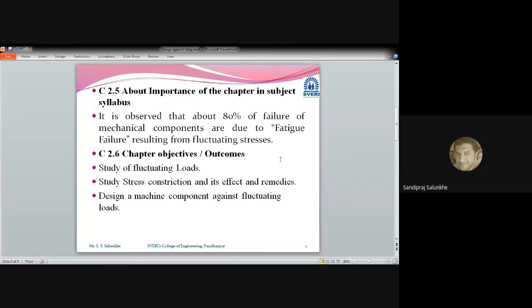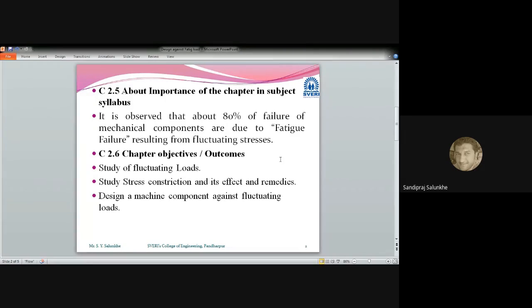If the ultimate tensile stress of a component is 100 megapascal, and you consider a design tensile stress of 50 megapascal by taking a factor of safety of 2, then the failure occurring under dynamic condition may be at 10 megapascal. That means it is well below the ultimate tensile stress.